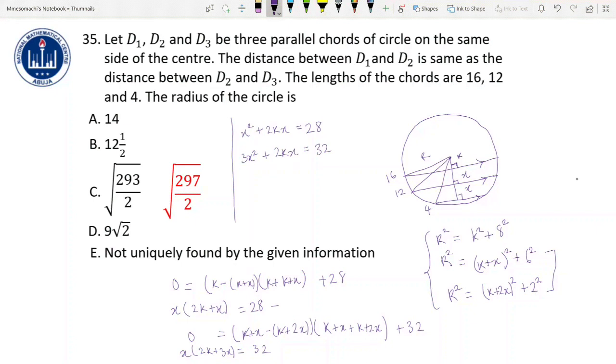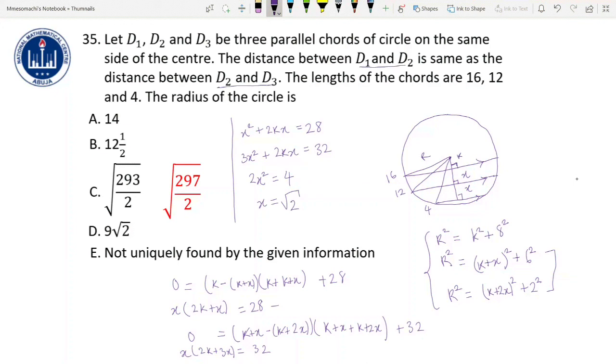We have 2X squared equals 4, and quickly solving this, X equals root 2. So the equal distance between the chords, D2 and D3, and D1 and D2, is root 2.